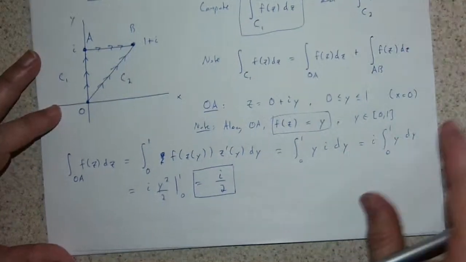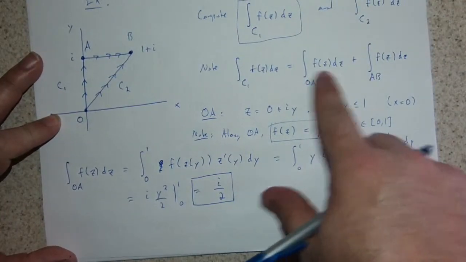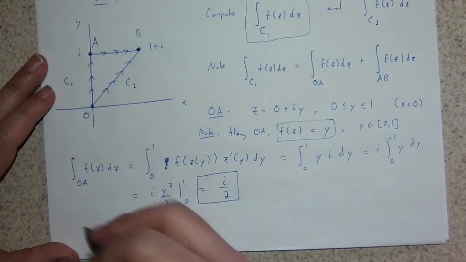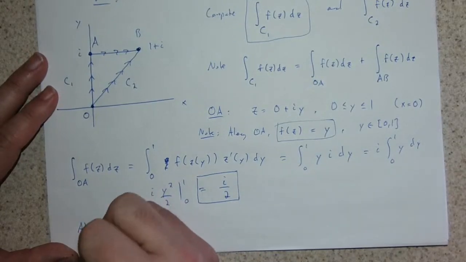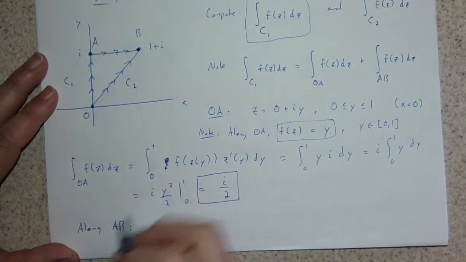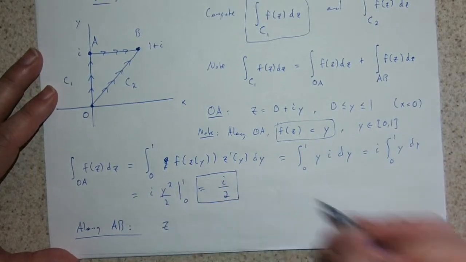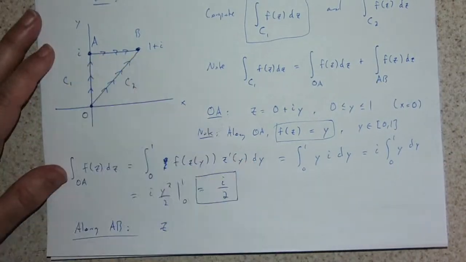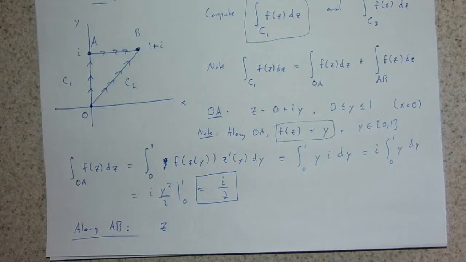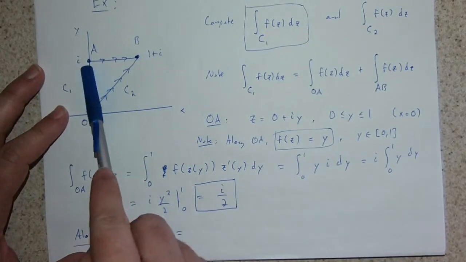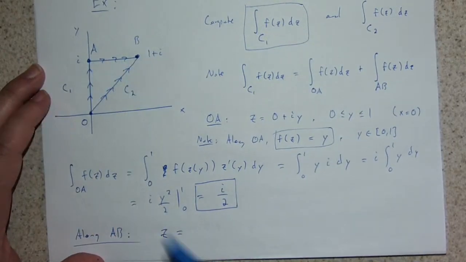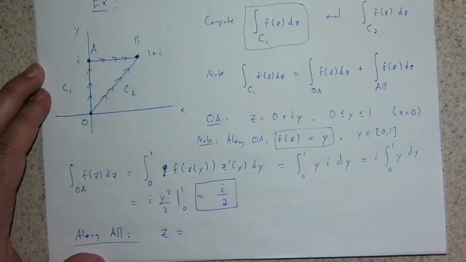All right, so let's see about the other segment. So we've only done half of this contour integral. So along AB, first of all, how do I describe AB parametrically? So z is equal to what? Well, x now is varying, of course, right? X is changing between 0 and 1 here.